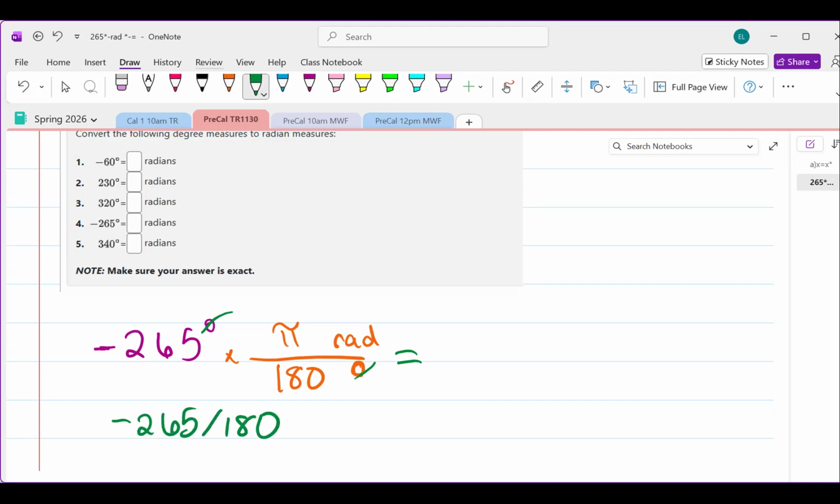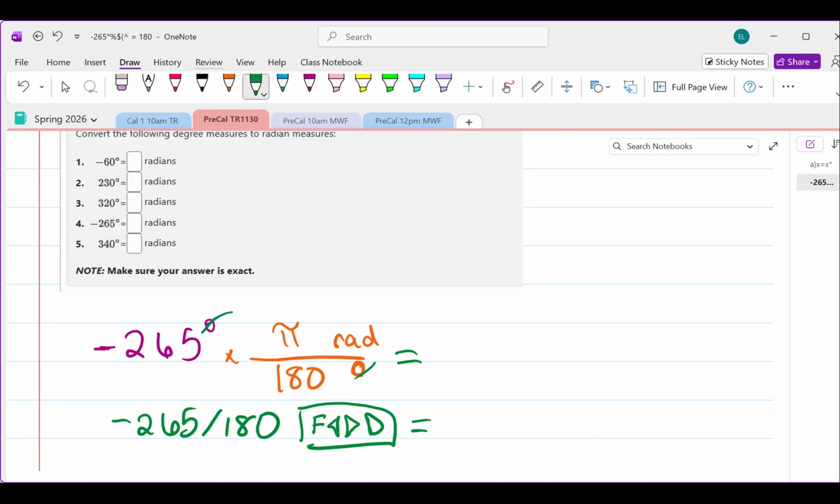Depending on the calculator, there's a button for fraction to decimal. It may not be a button, it may be a shift button, but this would tell us what the reduced form is. I can calculate that, but it'll take me longer because my phone calculator doesn't do that nicely.